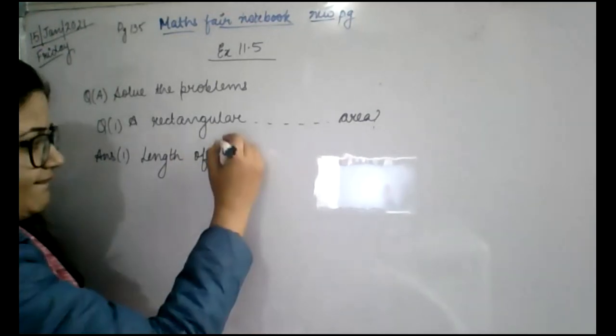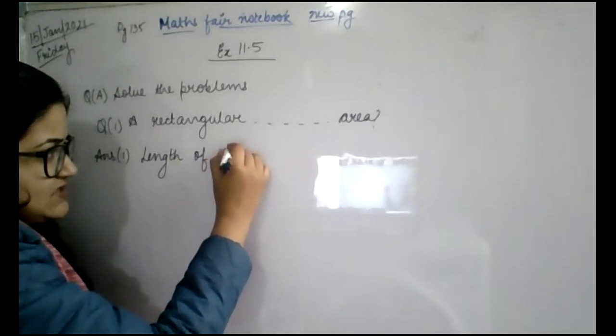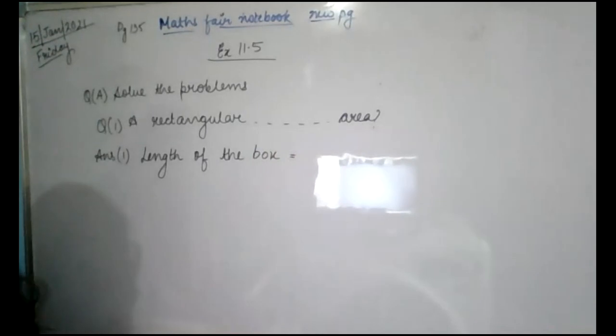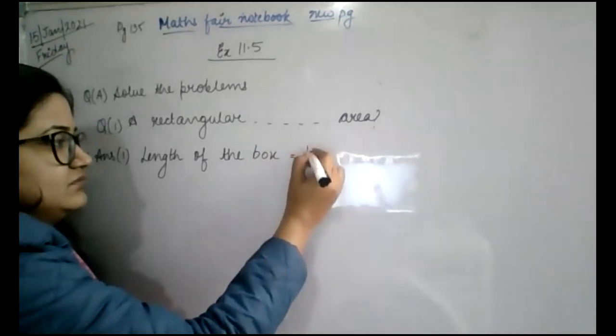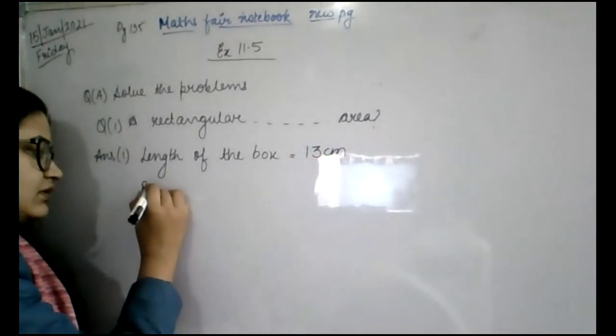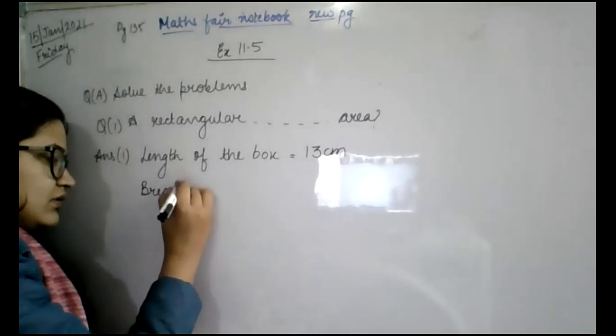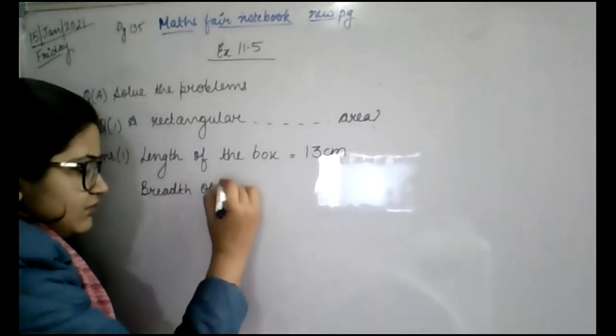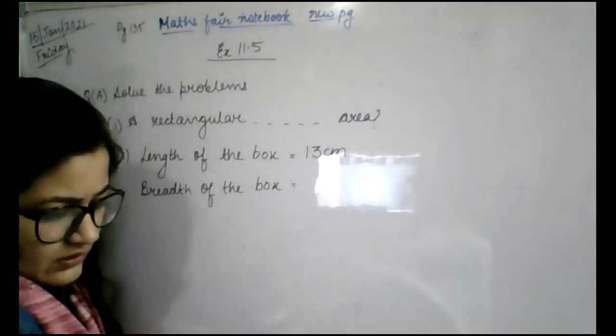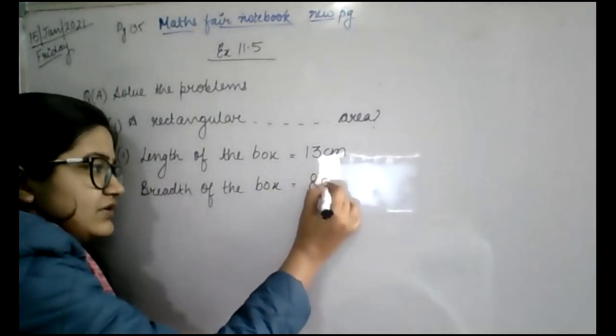Length of the rectangular box. You can just write length of the box, because rectangular is a big word. 13 centimeter. Breadth of the box is 8 centimeter wide.